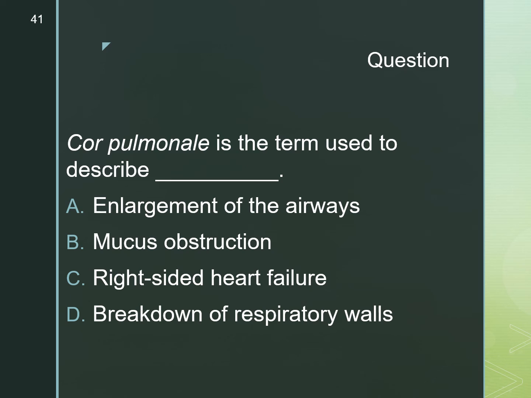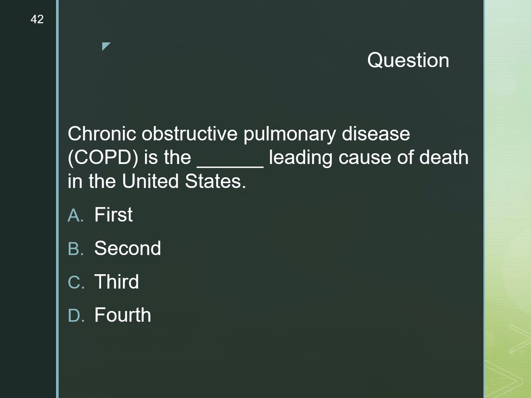Cor pulmonale is the term used to describe, this is right-sided heart failure. We'll discuss this in a little bit more detail next week when we discuss the cardiac system. And chronic obstructive pulmonary disease is the leading cause, which leading cause of death in the United States? The correct answer is D, the 4th leading cause of death.